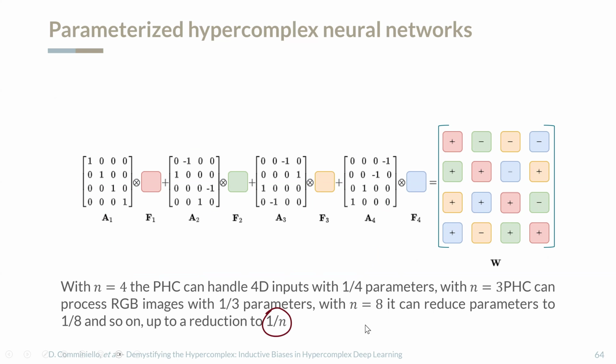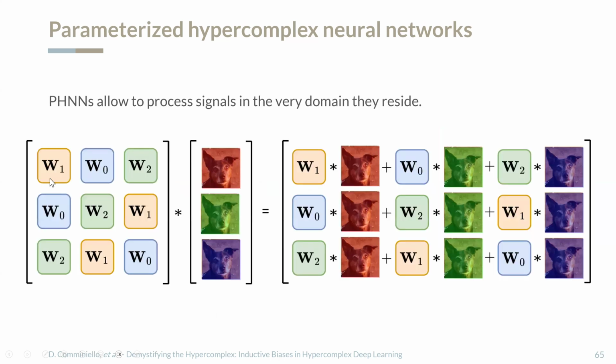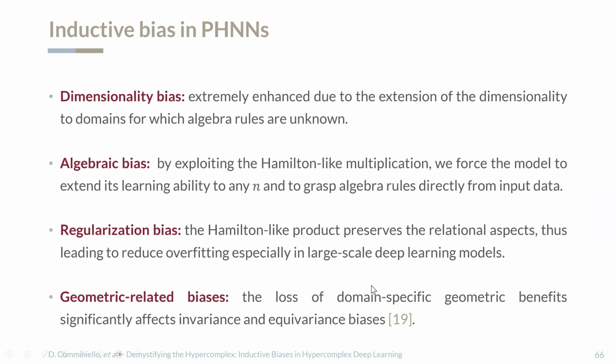So this is very, very powerful. So for instance, for a colored image, instead of considering a pure quaternion, which means that we need to consider some additional operation, we can have some kind of processing in the domain of the colored image, like red, green, and blue, so in the three-dimensional space. Also, of course, we can save some parameters.